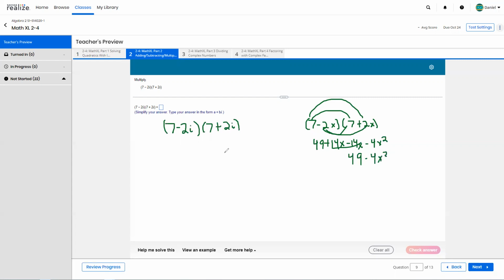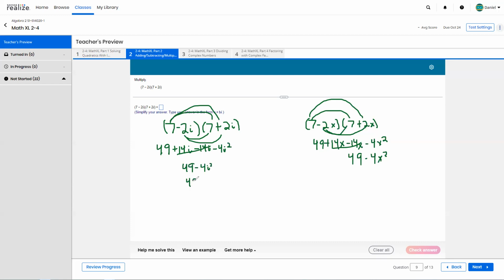Okay, we're doing the same thing here, except instead of x squared, we're going to have i squared, and if we get an i squared, we need to substitute in a negative 1. So 7 times 7 is 49. Plus 14i, minus 14i. We do negative 2i times 7, and then minus 4i squared. So our positive 14i and negative 14i cancel out, and I'm left with 49 minus 4i squared.